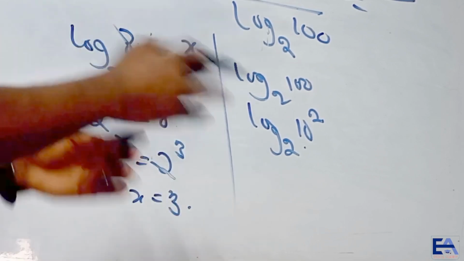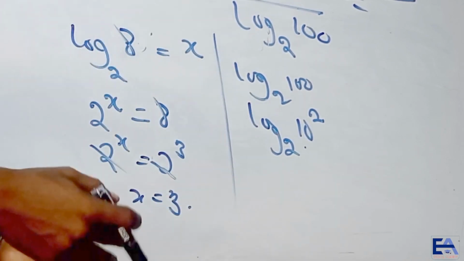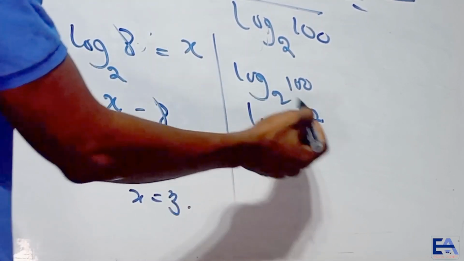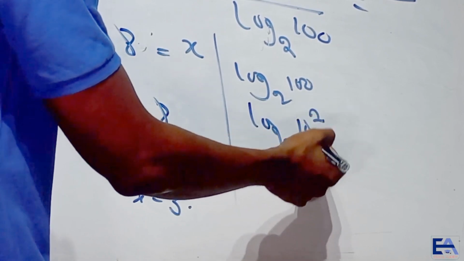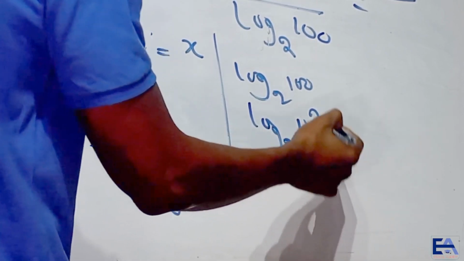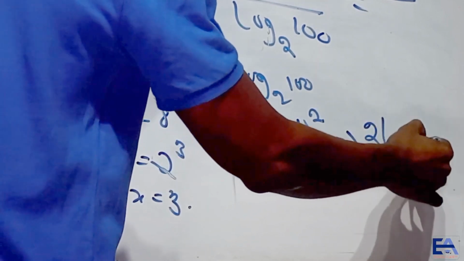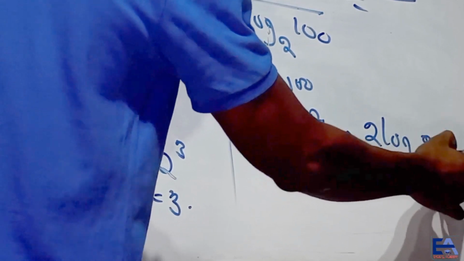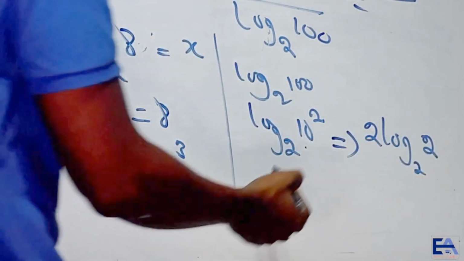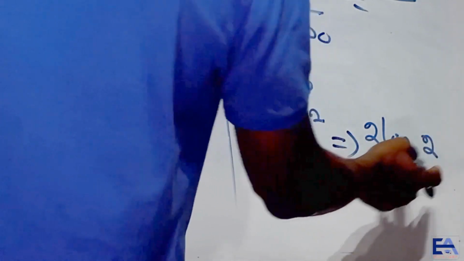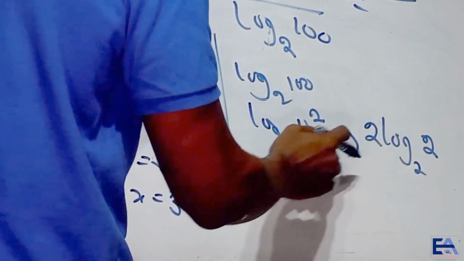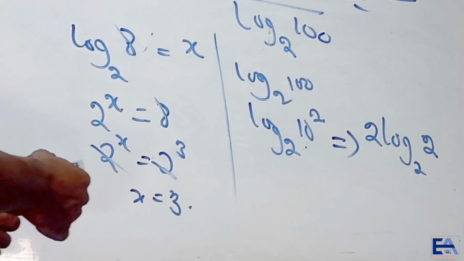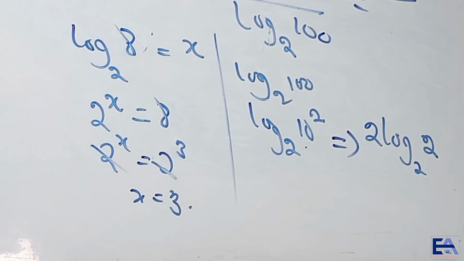However you choose to solve it, you still keep getting the same answer in as much as you're applying the correct rules. So here, you just have 10 raised to power 2. Then according to the law of logarithm, we have 2 log 10. I cannot use log 2, 2 here now because we are dealing with power of 10.